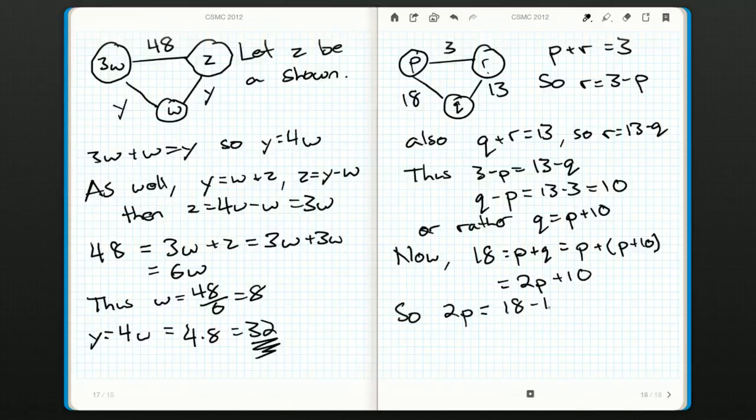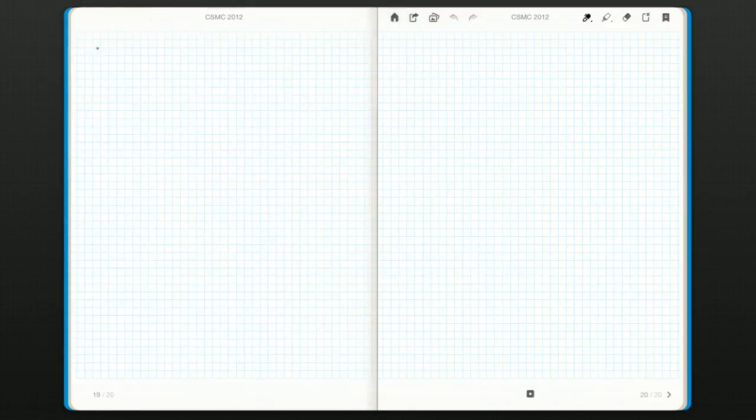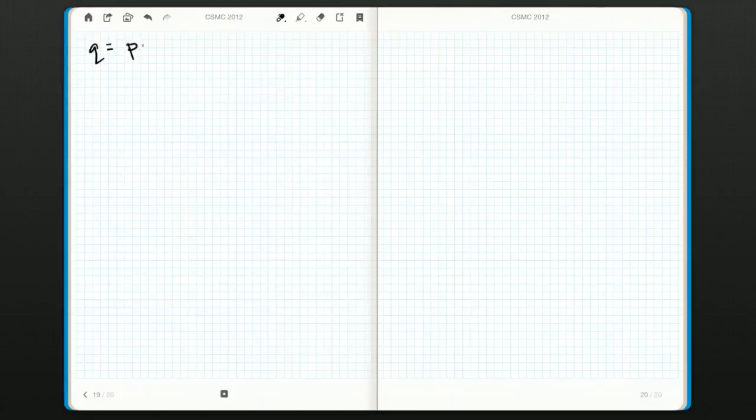Rearranging this equation, we get that 2P is 8, or P is 8 divided by 2. 2 P's make up 8, so half of 8 should be equal to P. So P is equal to 4. Q we know is equal to P plus 10.